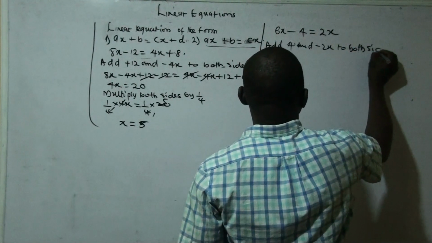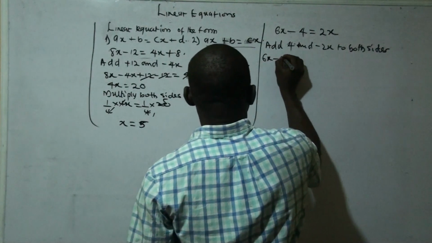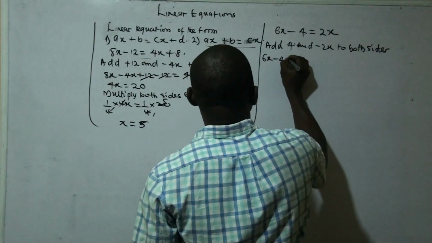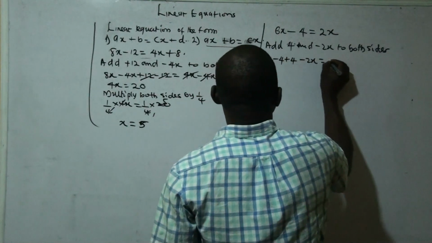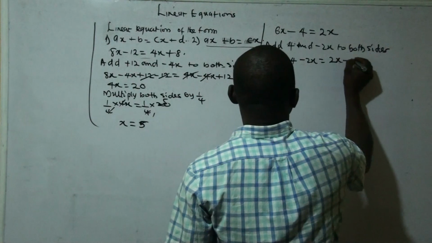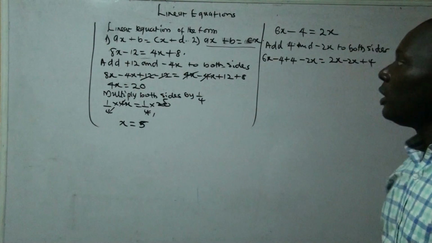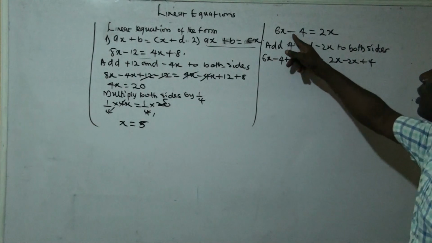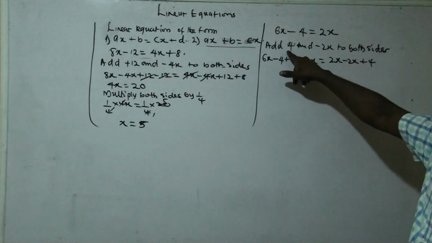So here we have 6x minus 4 plus 4 minus 2x is equal to 2x minus 2x plus 4. Look, what number do you need to add to minus 4 to make it 0? That is plus 4.